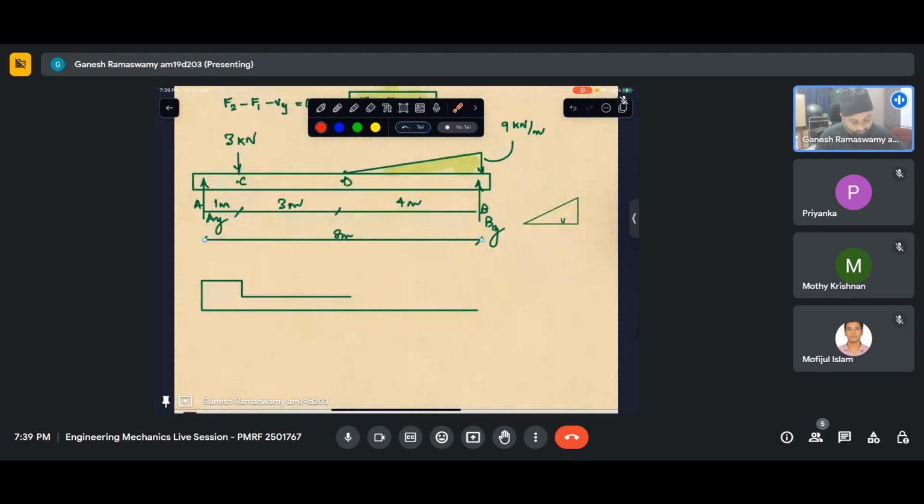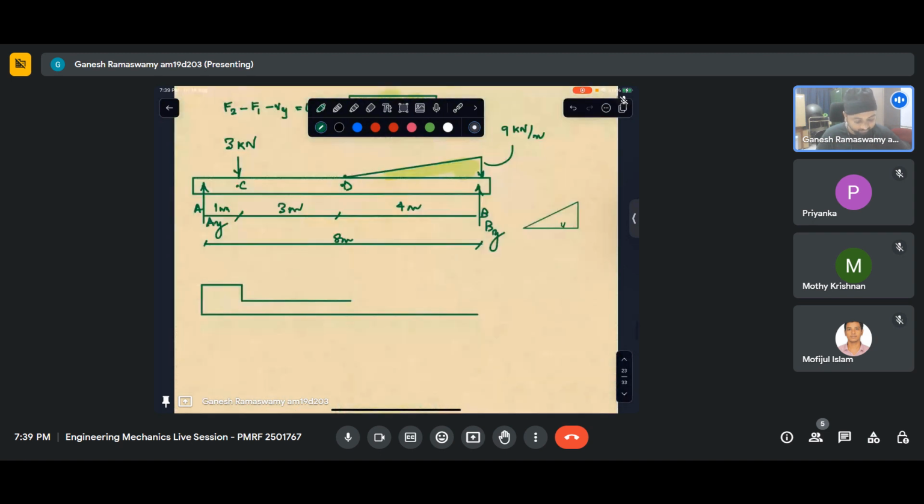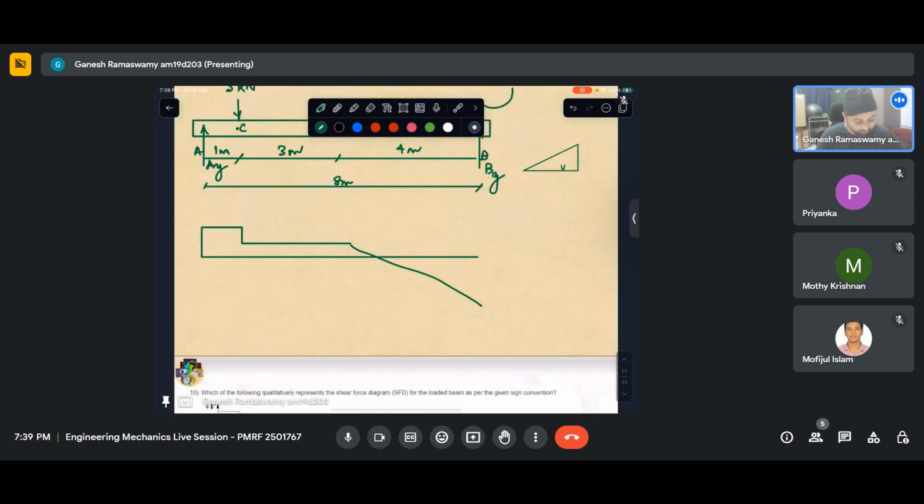At B, it will be 5.625 minus 3 minus the area of the triangle. We will notice that it is nothing but By. So By came to 15.375. So it will go from here to 15.375 here. So this will be negative, this is positive. So this is the shear force diagram for that beam.